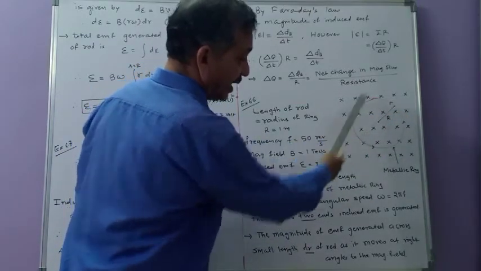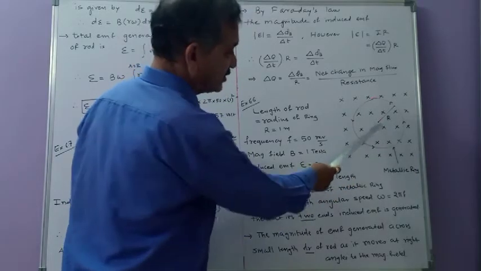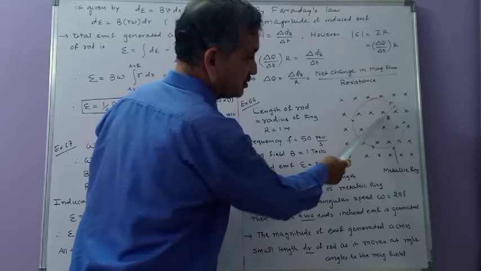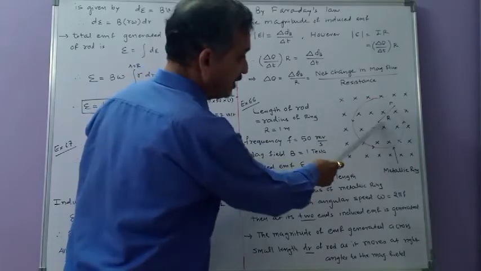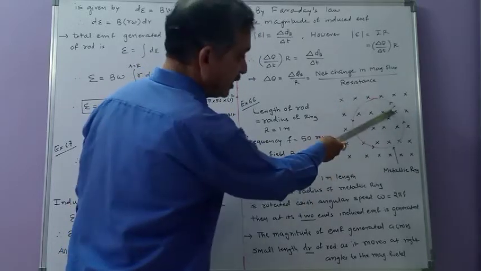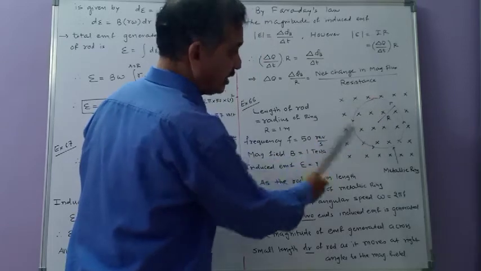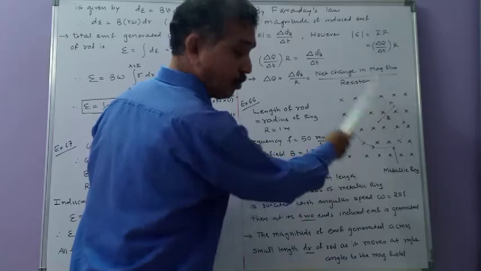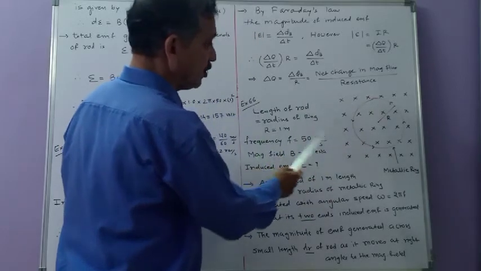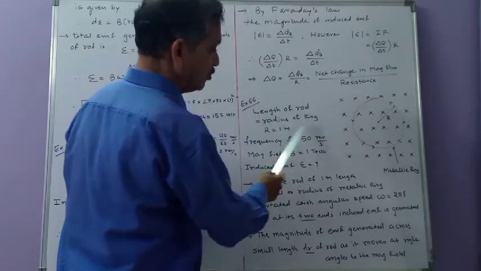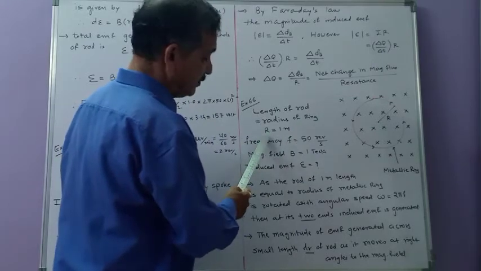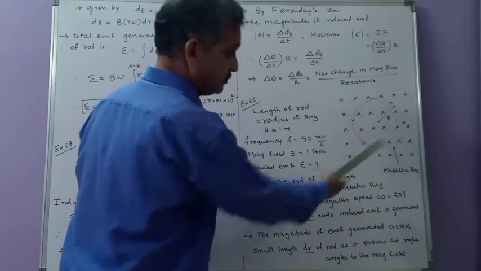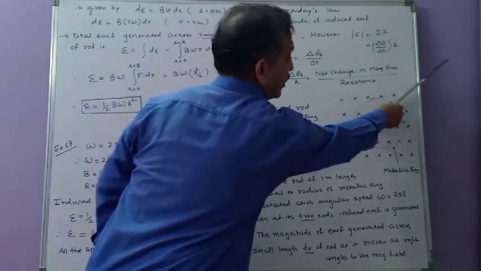This red one is a metallic ring, and exactly at its center, up to the circumference where it touches, there is a conducting rod, and this conducting rod is rotating, keeping one end in contact with this metallic ring. The length of this rod is equivalent to the radius of the ring, and as given in the example, it is equal to 1 meter. It is revolving, and it goes on revolving.